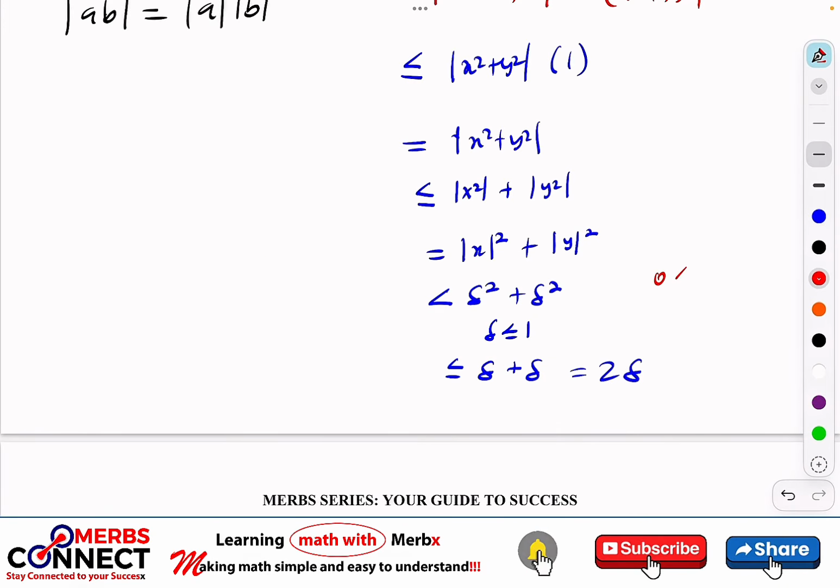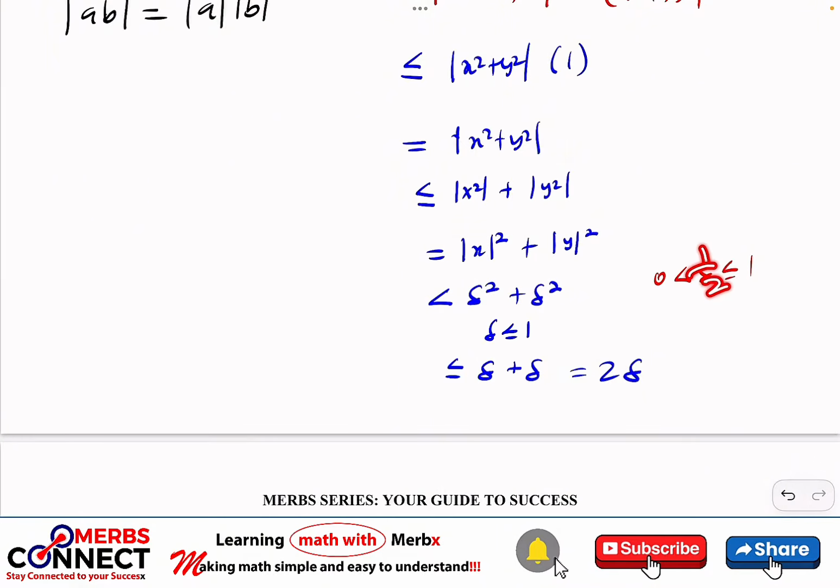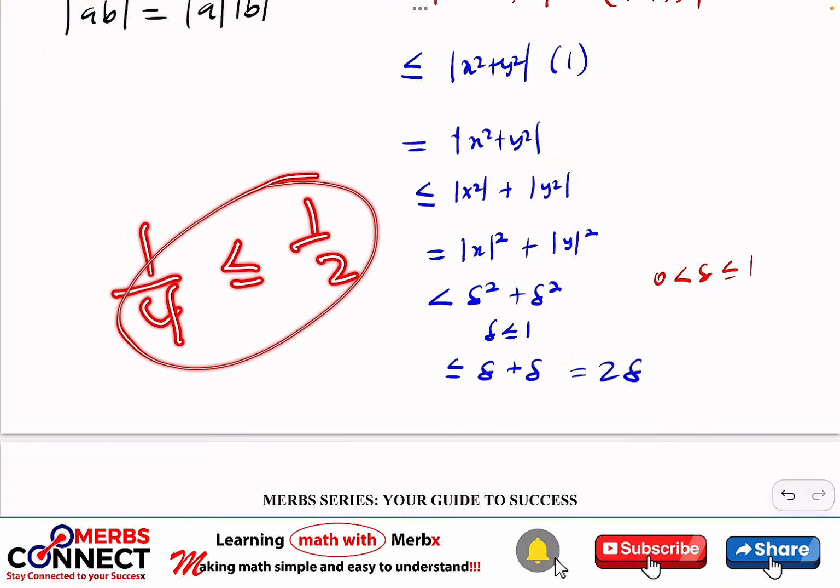So it should be delta greater than 0 and less than or equal to 1. If I pick 1 over 2, 1 over 2 here plus 1 over 2 here will be 1. But 1 over 2 squared plus 1 over 2 squared is going to give us 2 over 8, which is the same as 1 over 4. And 1 over 4 is always less than 1 over 2.